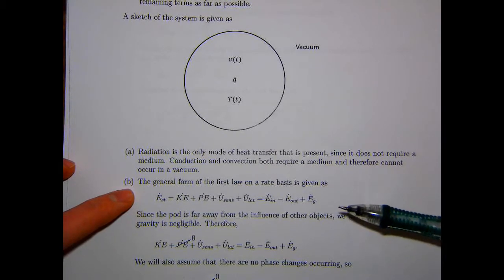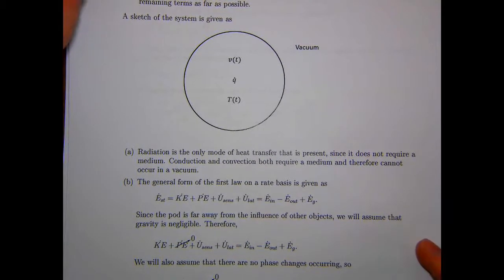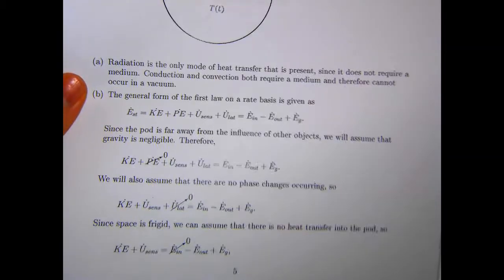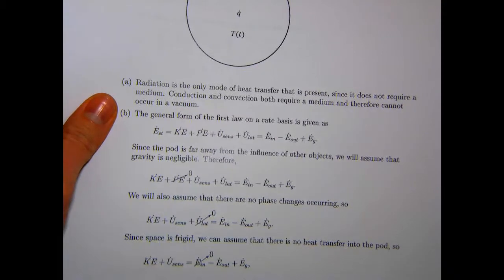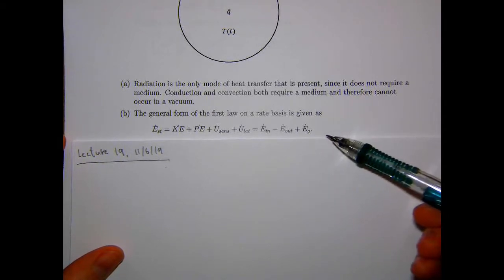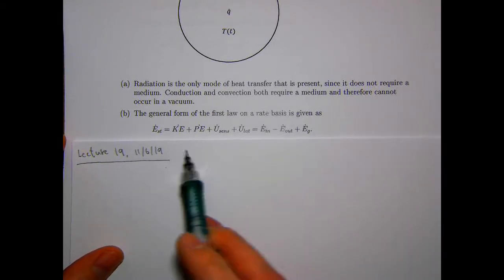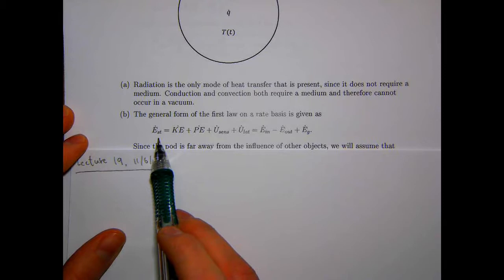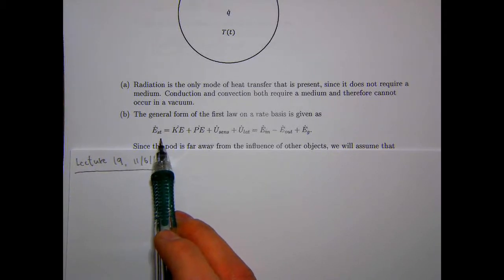I think the most common mistake on this one, where there's a bit of a gap in understanding, was realizing the distinction between stored energy and energy transfer. The left-hand side of the equation is energy that is stored internal to the control volume.